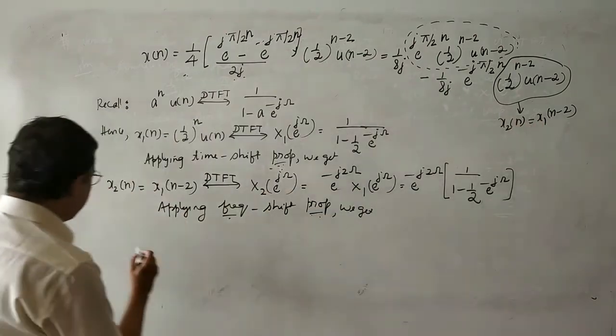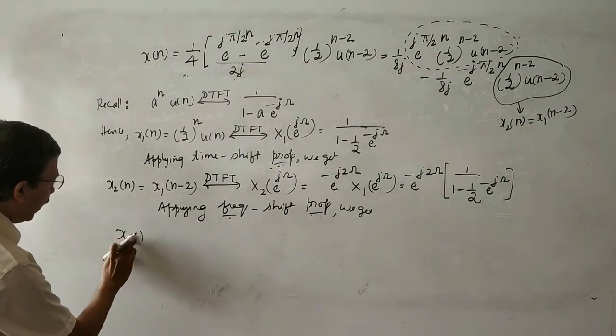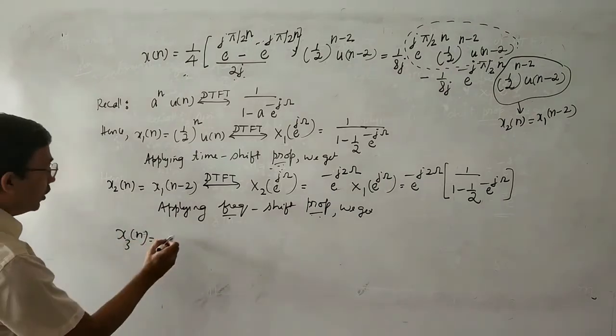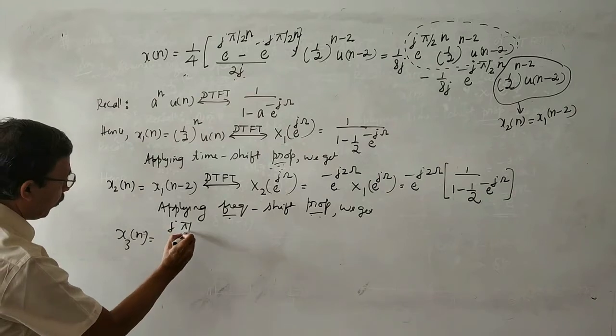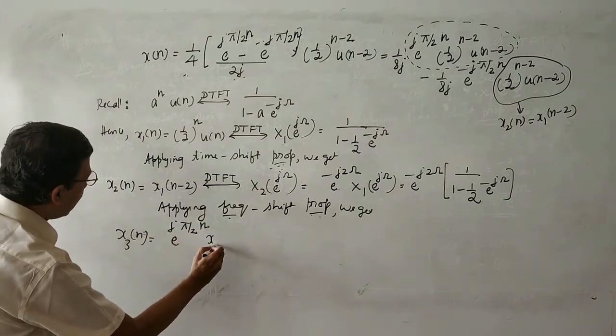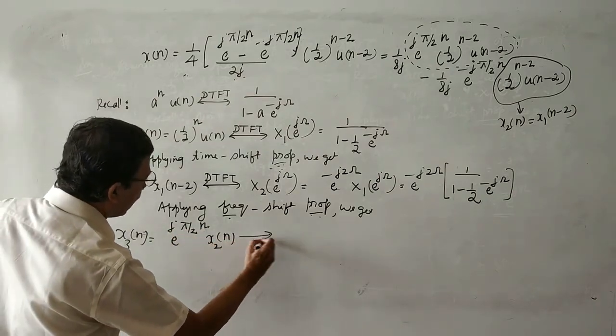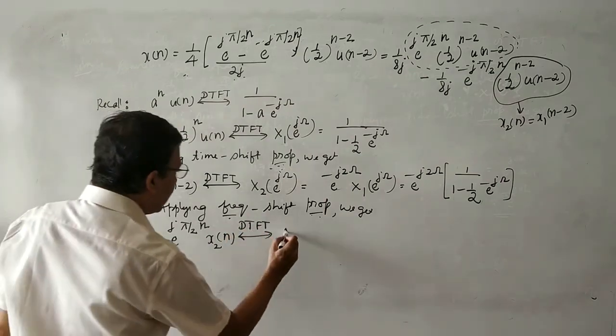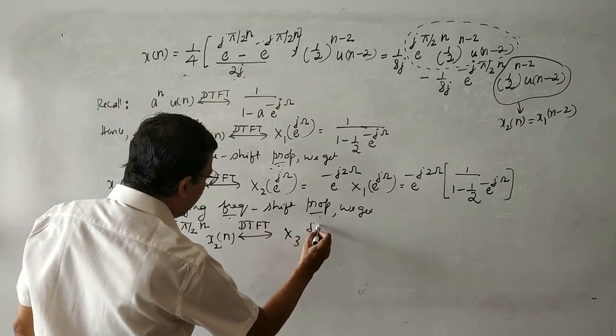So x3 of n equal to e to the power j pi by 2 into n into x2 of n will have a discrete time Fourier transform x3 of e power j omega.